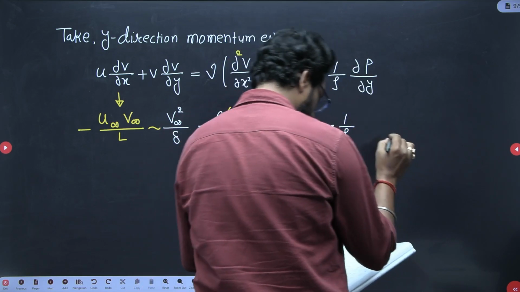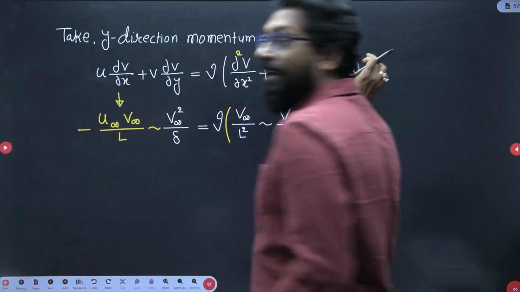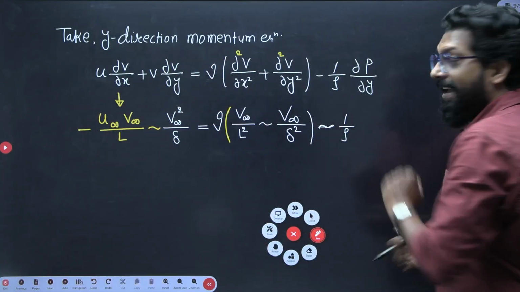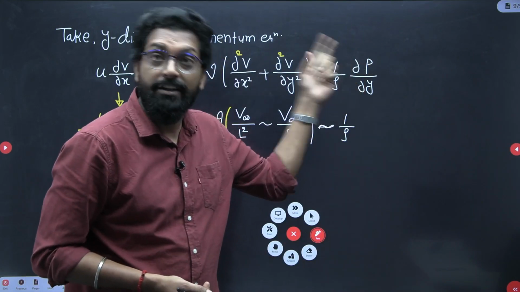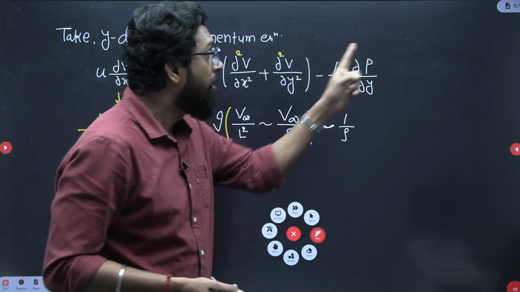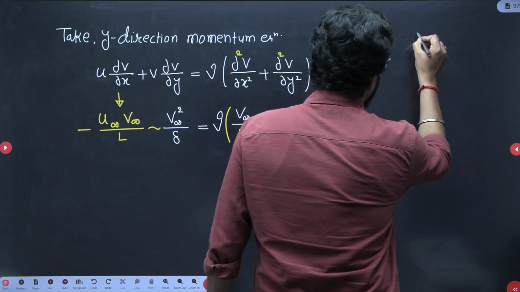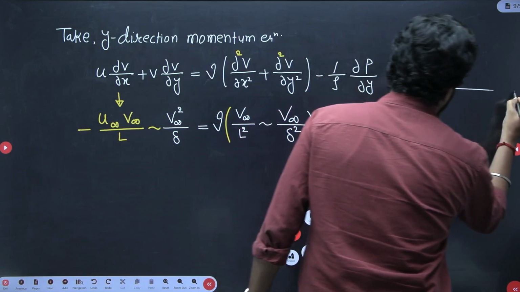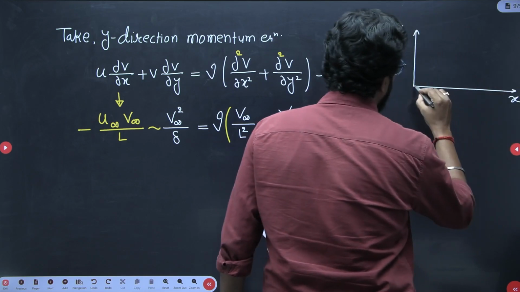Now you don't know what the gradient of P is here. What is the order of magnitude of del P? That is very important. We'll discuss this also. But now take a look: this is your y, this is your x, this is your boundary layer.